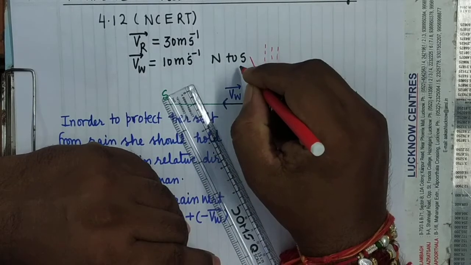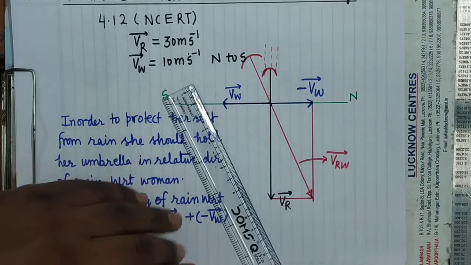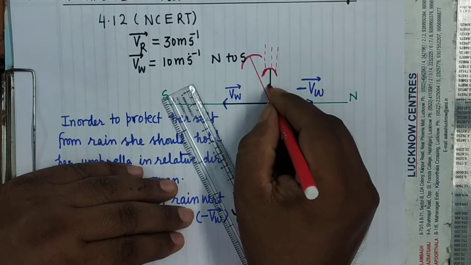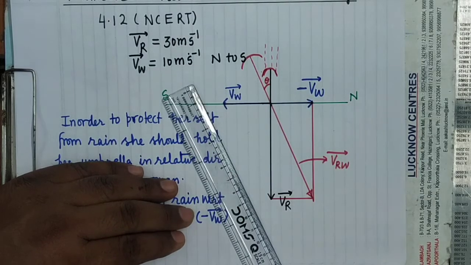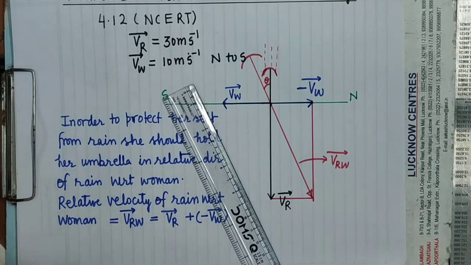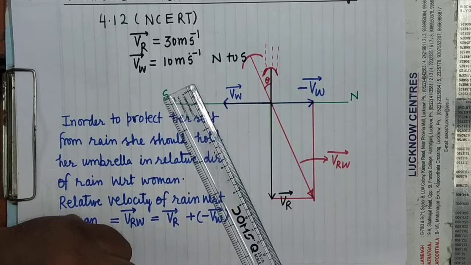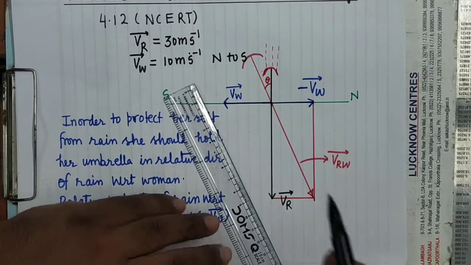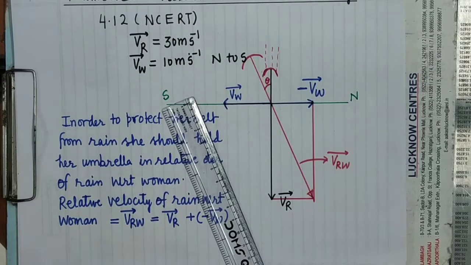Means what will be the position of umbrella? Position of umbrella will be this. She will tilt the umbrella from vertical by an angle theta. That is here I am writing. She will tilt the umbrella by an angle theta from vertical direction.